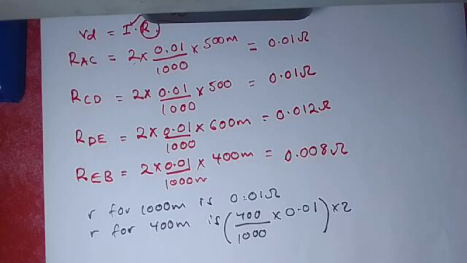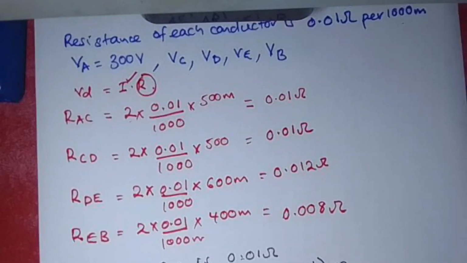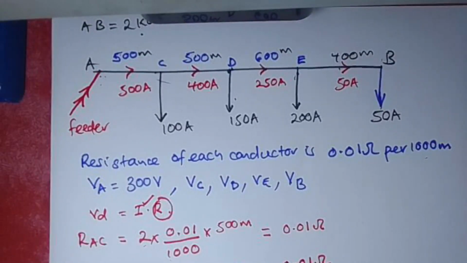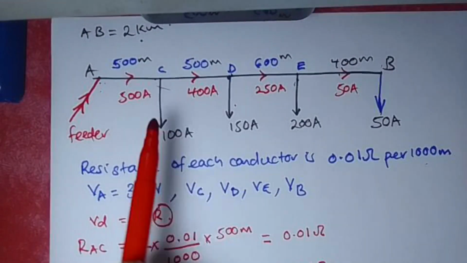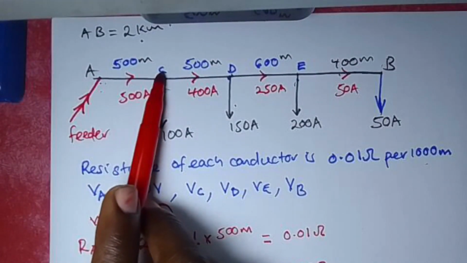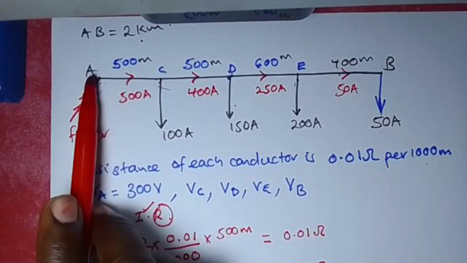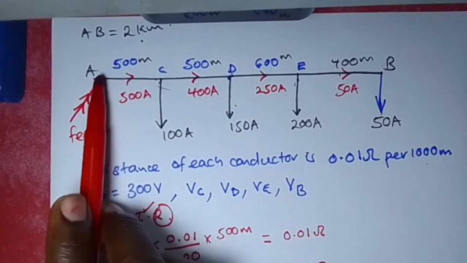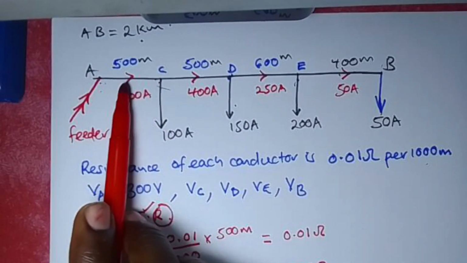So moving on from that, we have calculated the currents. We can get the voltage drops across the entire section, and then we calculate the voltages at each particular point. Assuming we want to calculate the voltage at point C, the voltage at point C is going to be equal to the voltage at point A minus the drop along this point.